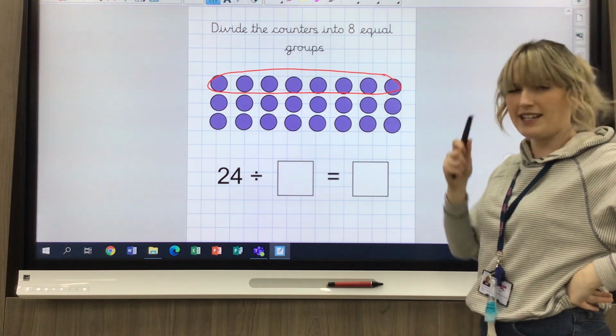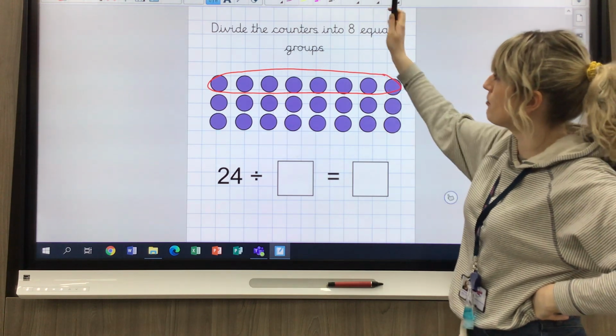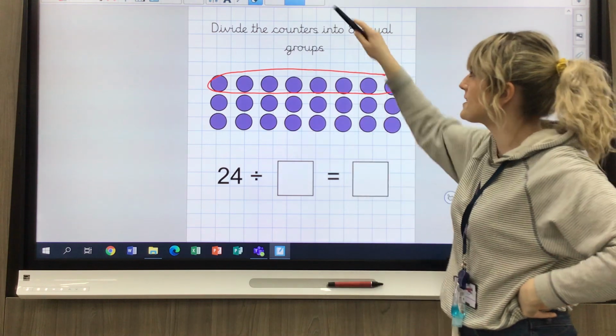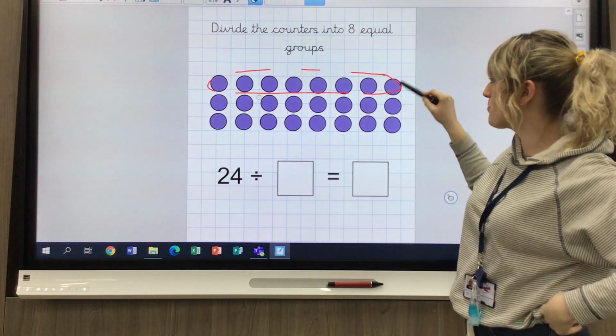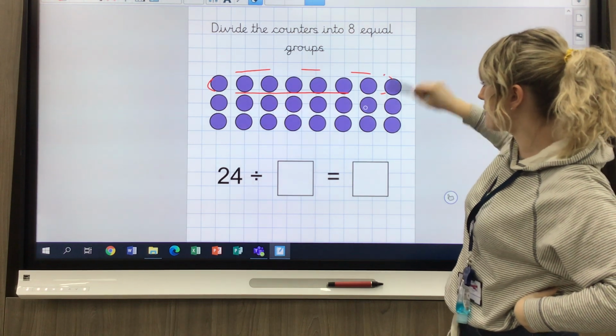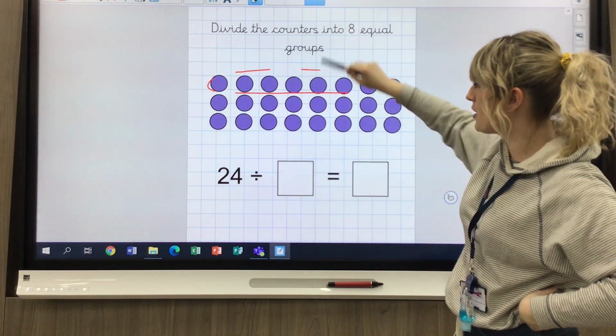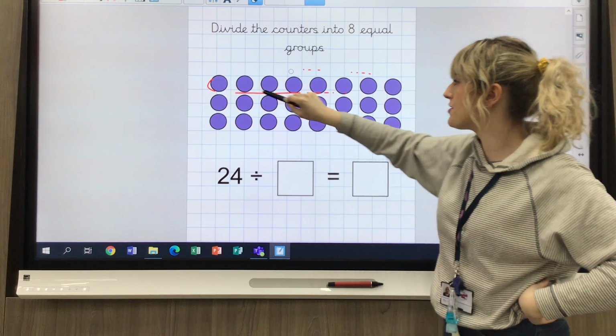So I wouldn't have 8 equal groups, I'd have 3. So I'm going to rub that one out, that wouldn't be quite right. It's okay though, that's trial and error. Sometimes we have to try things, see if it works, and if it doesn't, try something different.